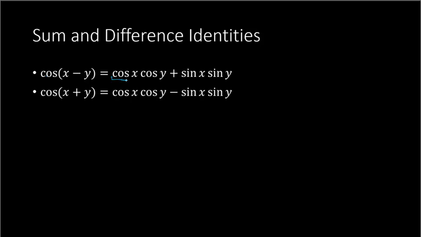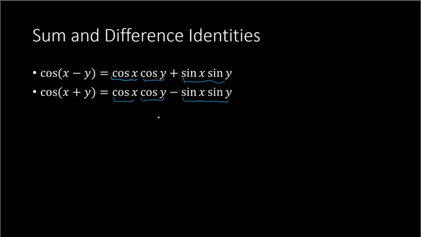The cosines go together for both of these, whether it be plus or minus, and then we have the sines together, sine of x times sine of y. Notice the signs are changing, though. If it's x minus y, the sign changes to a plus, and if it's x plus y, it changes from plus to a minus. So the signs are opposite.